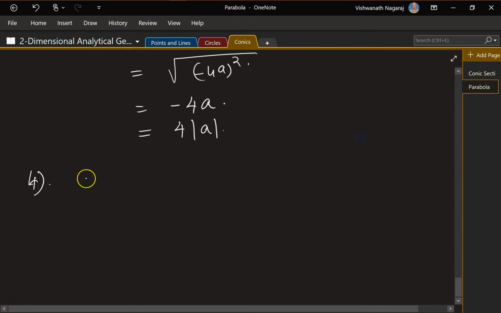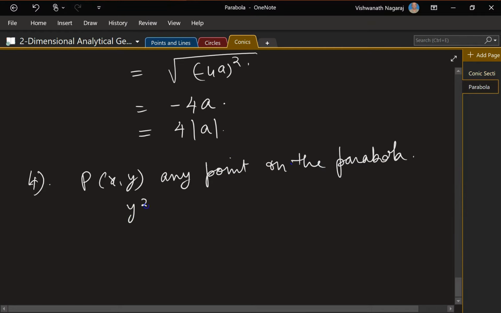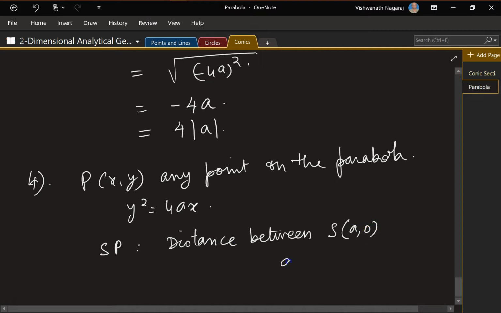And finally, let's say P(x, y) is an arbitrary point on the parabola. y square is equal to 4ax. Now SP is the distance between S, that is at a comma 0, and P, that is x comma y.